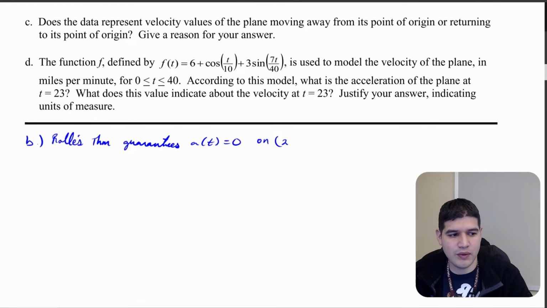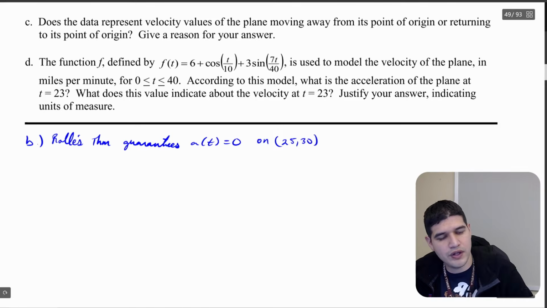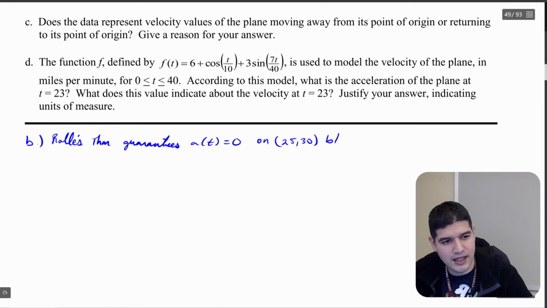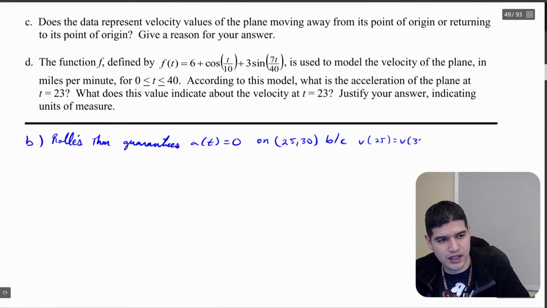On the interval that we just looked at, from 25 to 30, we know that it's guaranteed that acceleration will be 0 somewhere in between 25 and 30 because v of 25 equals v of 30, which is 2.4.